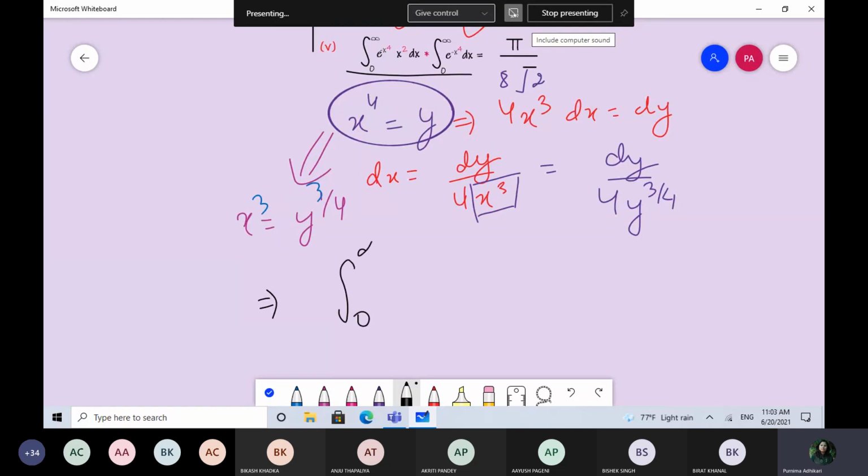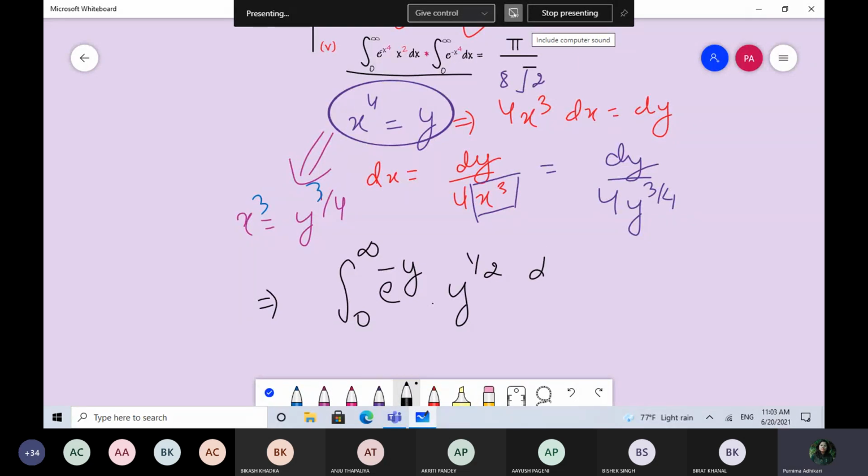After substitution you will get 0 to infinity e to the power minus y, and in place of x square what are you going to write? What is x square? Y to the power 1 by 2. Exactly, y to the power 1 by 2. And dx, what is your dx? Your dx is this.